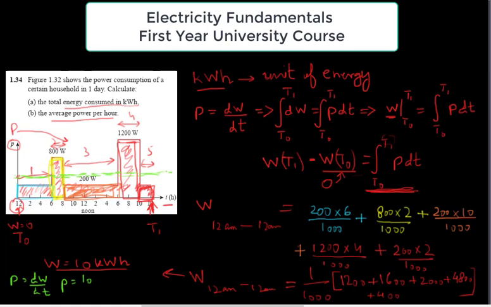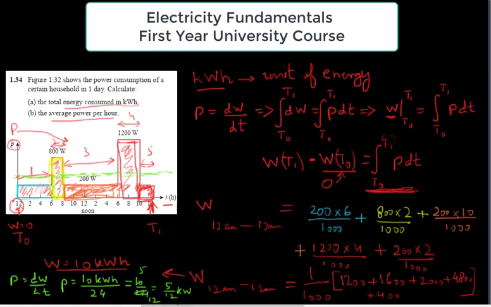So P equals 10 kilowatt hours, and since the total time is 24 hours, the house was consuming energy for 24 hours. This was the energy consumed in 24 hours. You can divide it by 24 hours, and then what you are going to get is 10 over 24, which is roughly 5 over 12 kilowatts.